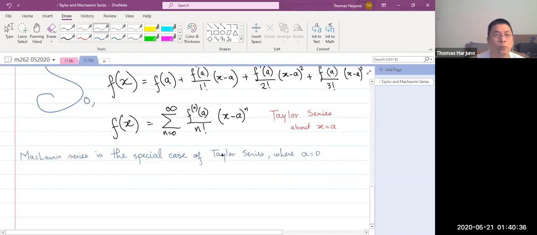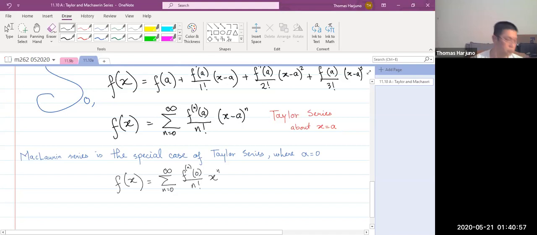So basically the Maclaurin series is f(x) equals the summation, n equals 0 to infinity, where I replace the a by 0.